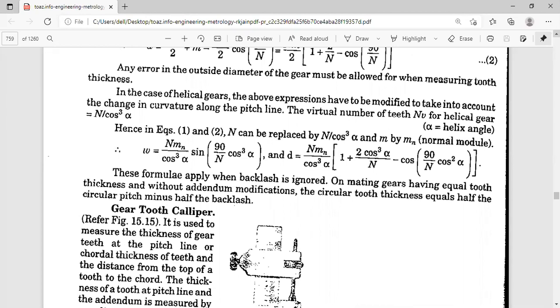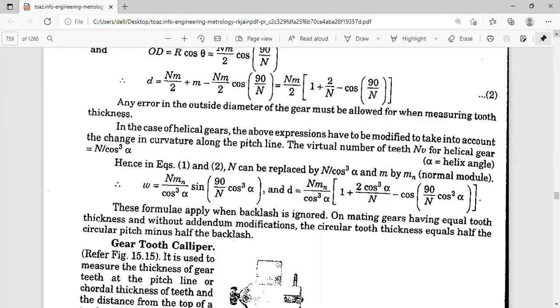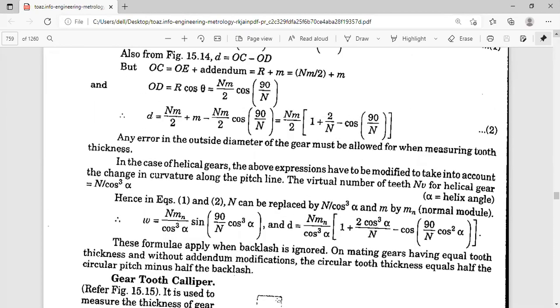That's why it's a tedious and time consuming method. And the vernier caliper measuring jaws will be worn out. That also I told, the calibration you have to do.